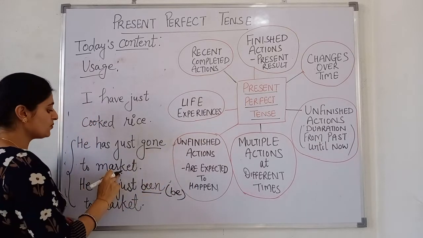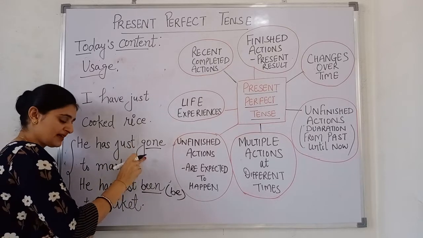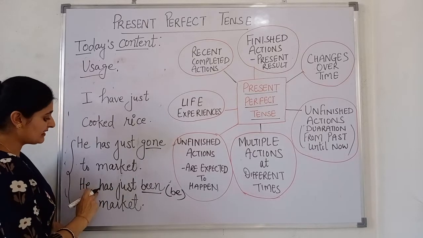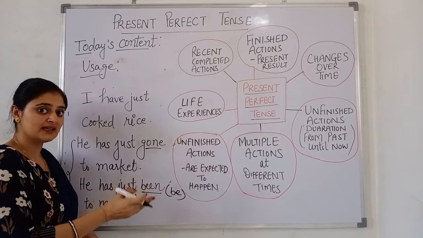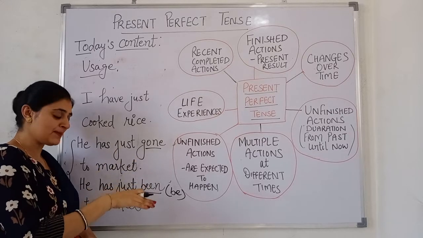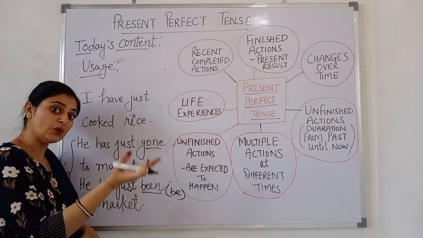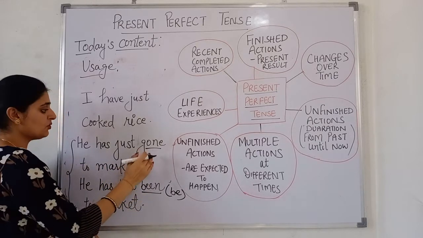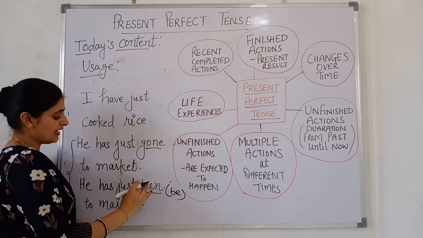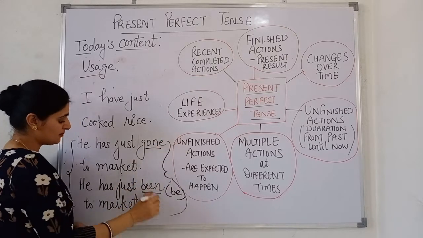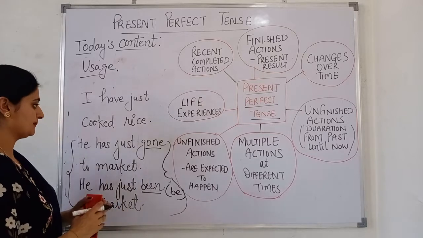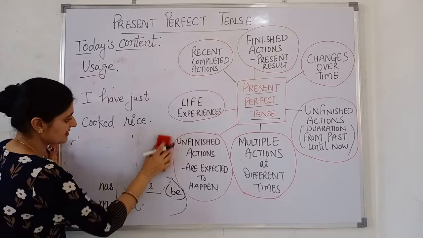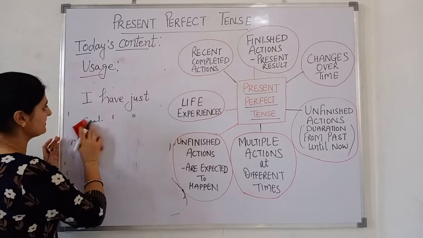So he has just gone to market means he went to market and still he is there. And this example indicates that he has just been to market means a little time back he went to market and now has returned, after purchasing some articles. So has this confusion or misunderstanding between these two been cleared? Okay. So now let's proceed towards the second use of present perfect tense.